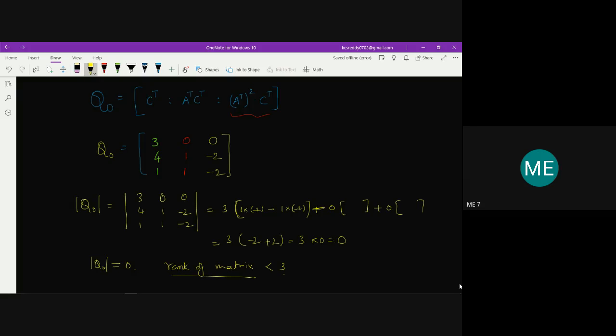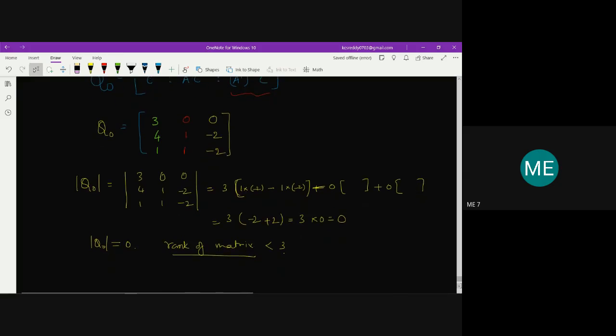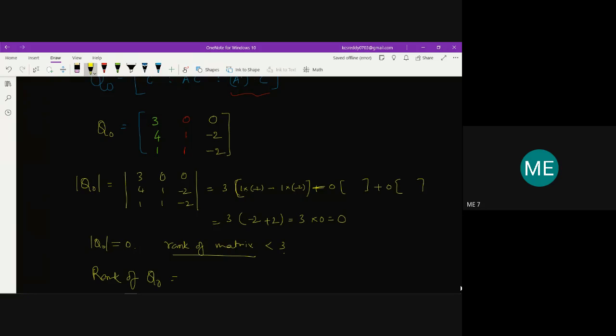It is less than 3. So the rank of the Q naught matrix is not equal to the order of the matrix. So rank of Q naught is not equal to 3, because it is not equal to the order of the matrix.